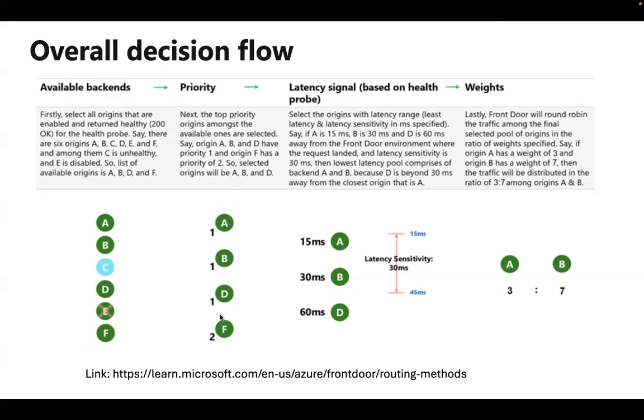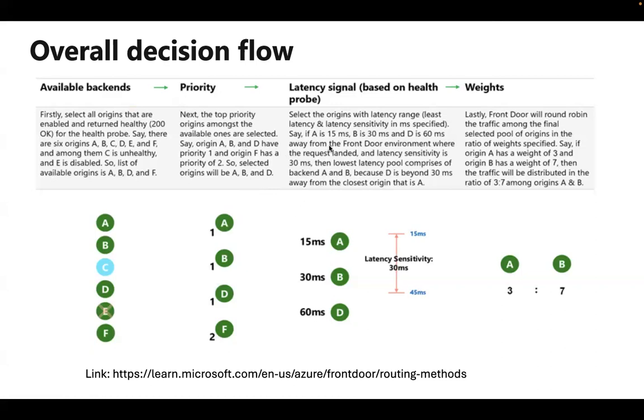A, B, D, and F are there now. I have given priority one and priority two. Origins A, B, D have priority one, and origin F has priority two. So the selected origins will be A, B, and D. Three of them will serve the request because they have the higher priority, which means the number is lower.